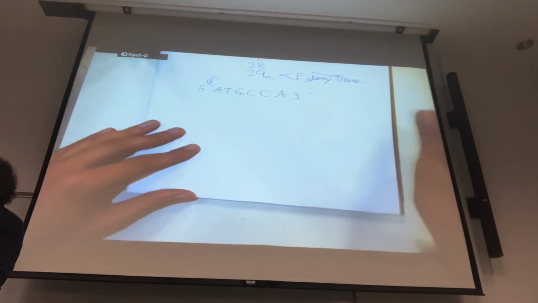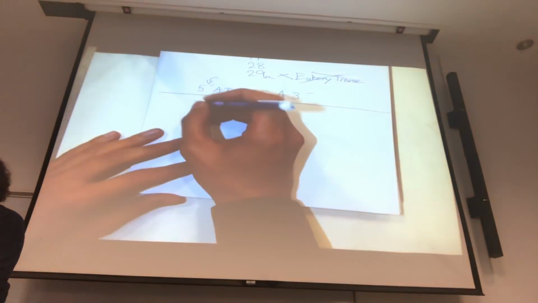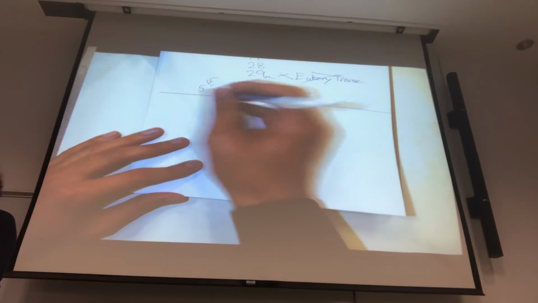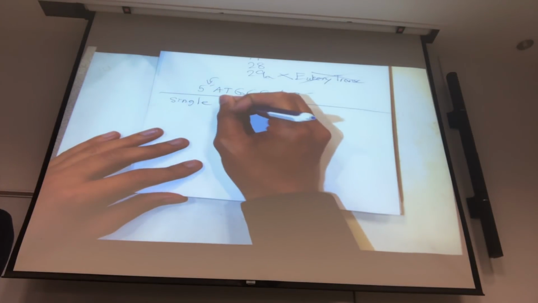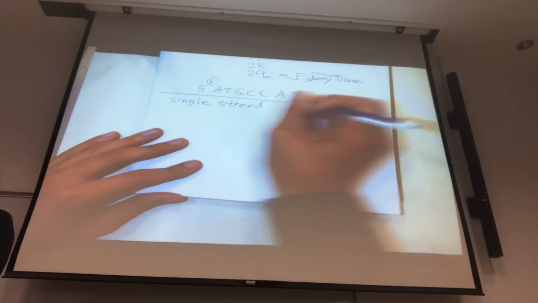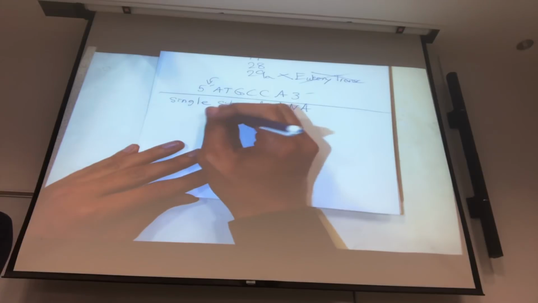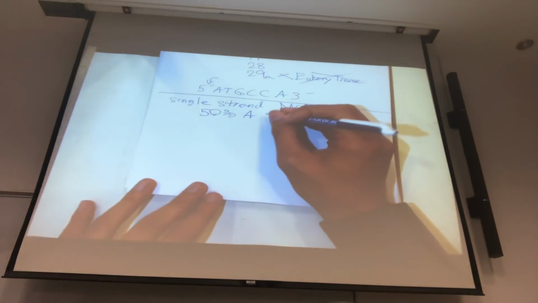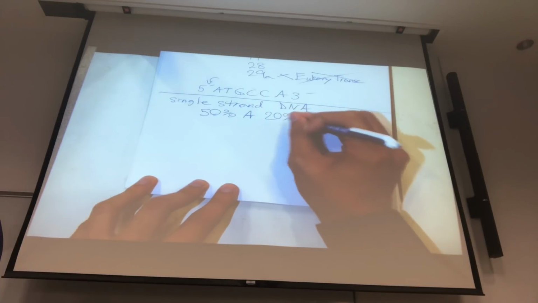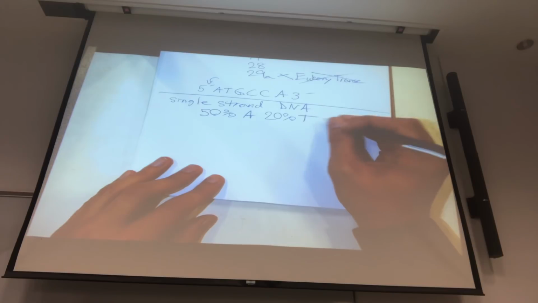It is something like, I'm going to make up some numbers. In single-stranded DNA, you might have, and hopefully this adds up to 100, 50% A's, 20% T's, 10% G's.